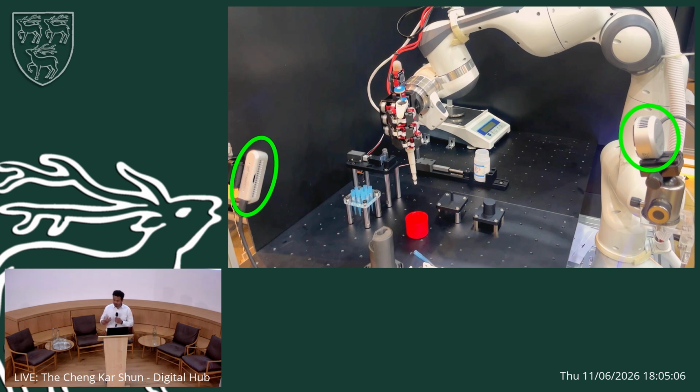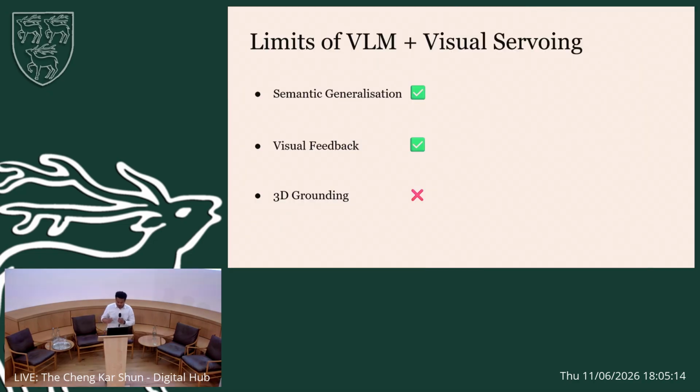And in going from that 2D view of the world to a 3D action that the arm, from a different perspective, needs to achieve, there's still a bit of a gap. So we have semantic generalization: with these VLMs, they're able to understand and segment internet scale of things that they'll encounter. There's even visual feedback from this detection, but there isn't a 3D grounding.